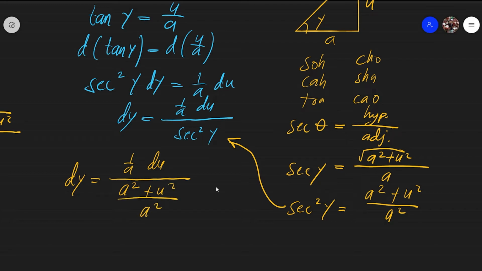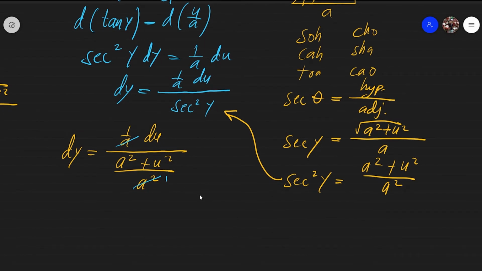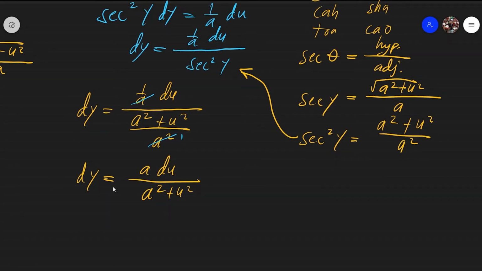Then, one a here will cancel out, so what remains is one a. Simplifying this further, you'll get dy is equal to a du all over a squared plus u squared. So, this is now the value for dy.